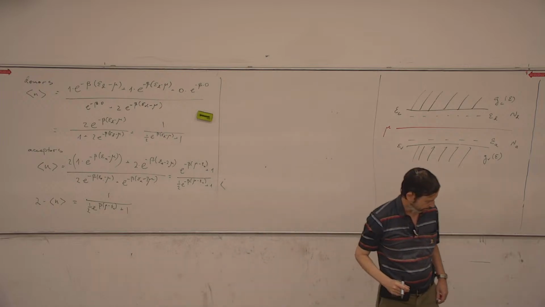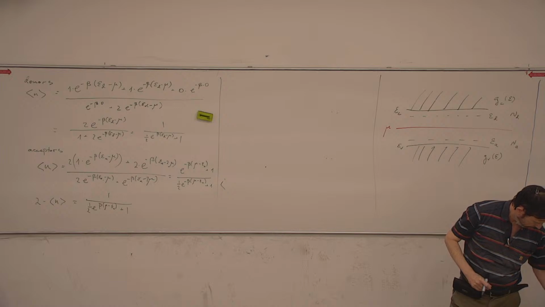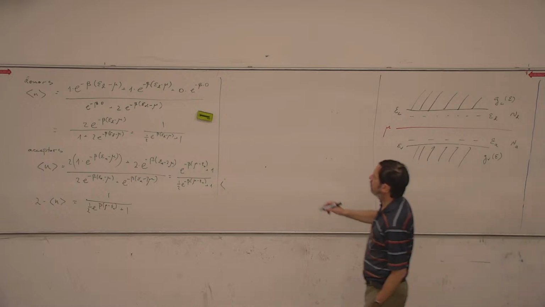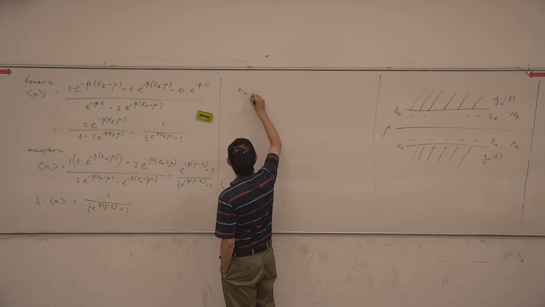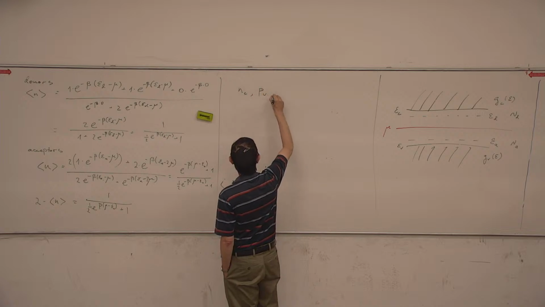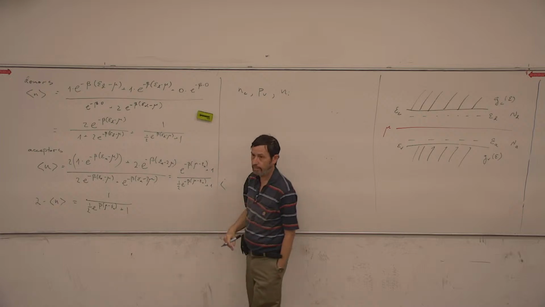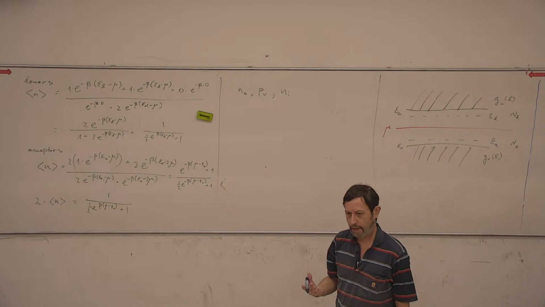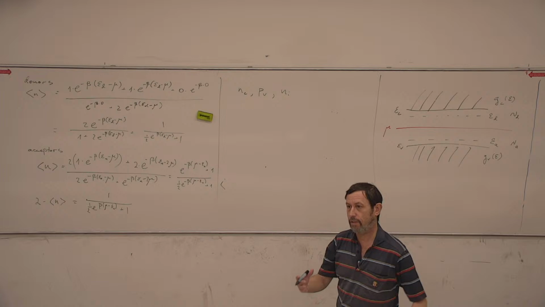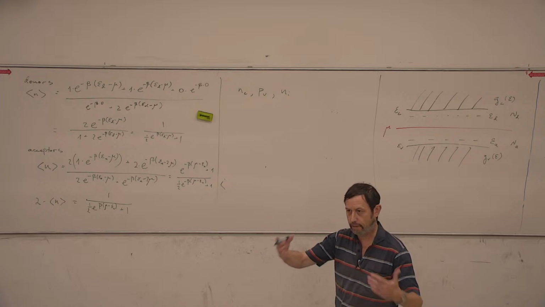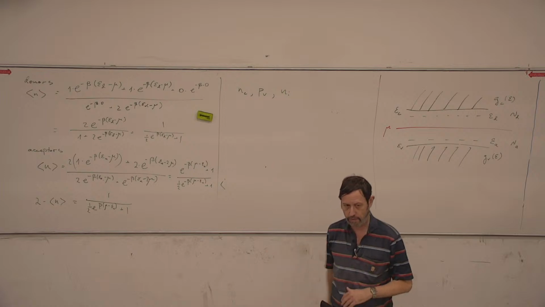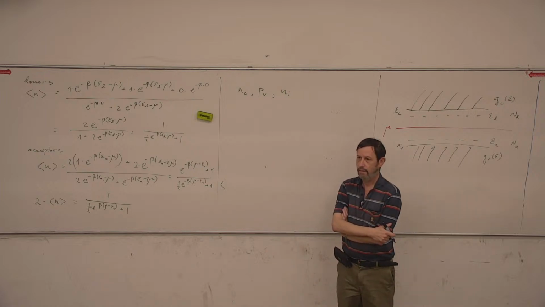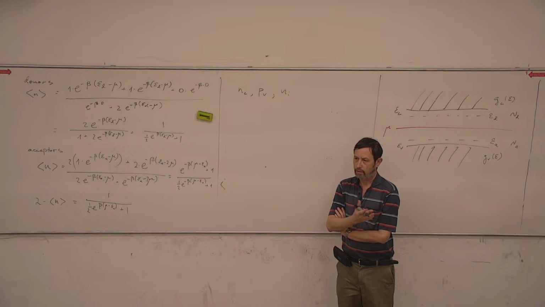If you remember, we defined the occupation of electrons in the conduction, the occupation of holes in the valence, and ni, which is just the number of particles moving from the valence to the conduction band.